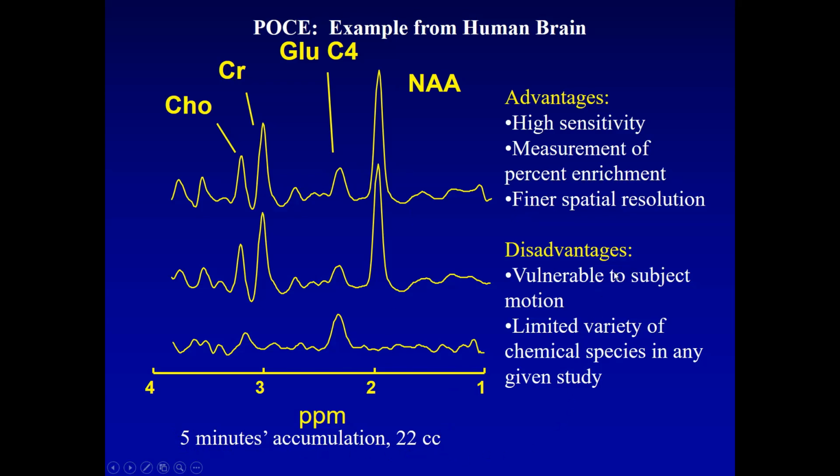There are some significant disadvantages. It's more sensitive to subject motion than some of the direct detection that we do. And I haven't mentioned this yet, but we're limited in the variety of chemical species we can study, especially in humans.